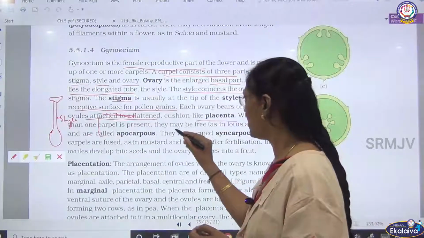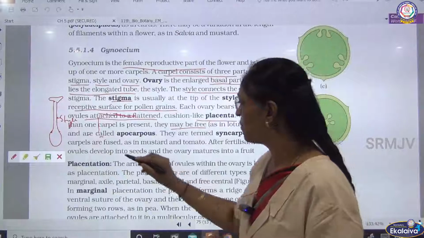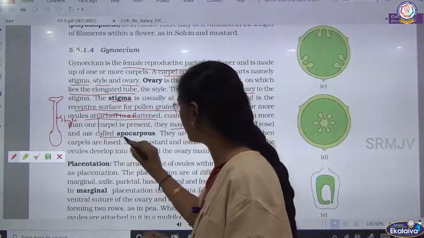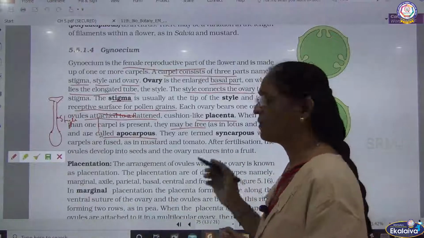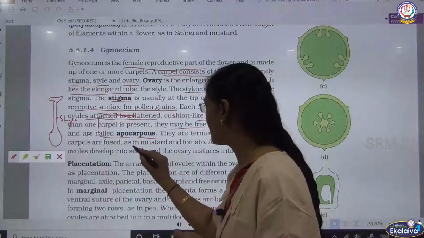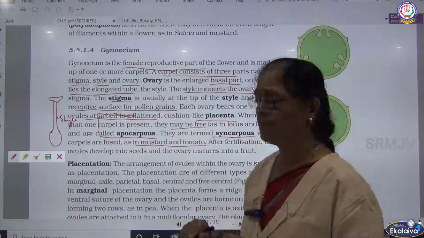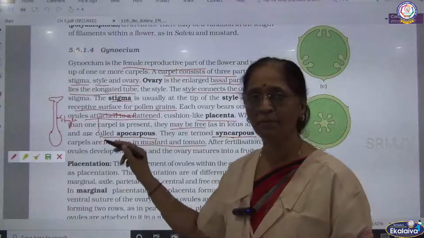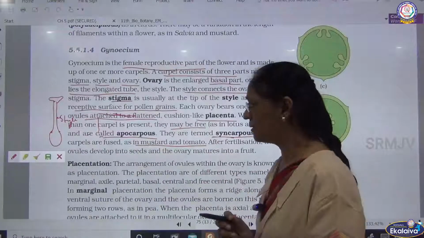If they are free, which you can see in lotus and rose, then we call it apocarpous. If they are fused, we call it syncarpous, which we can see in mustard and tomato. So, the carpels may be free, apocarpous, or united, syncarpous.